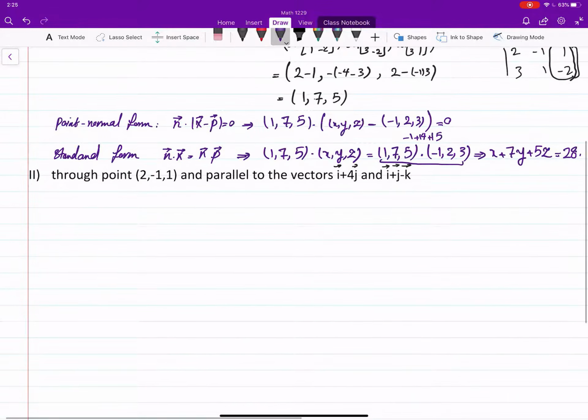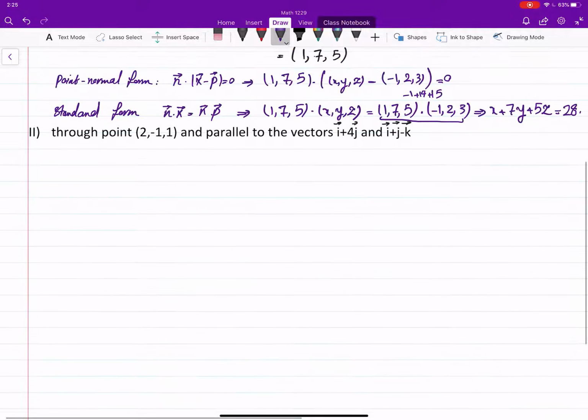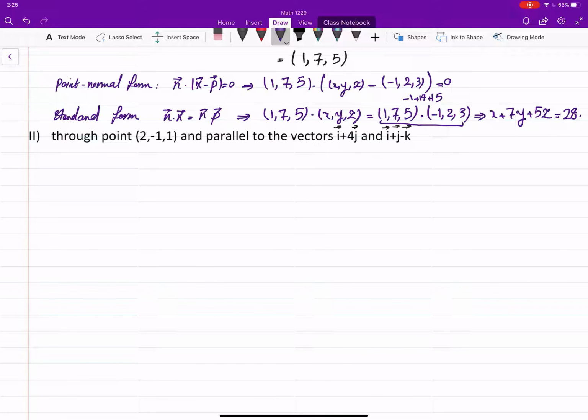How about the second example? Okay, the second example has almost the same things. Point is given, 2, -1, 1. And there are two vectors which are parallel to the plane. So we can take their cross product as our normal vector.